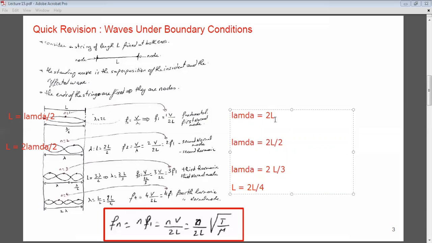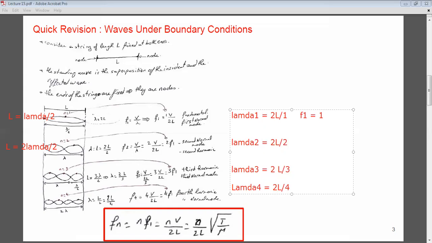So it is 2L over 1 when I see only one loop, 2L over 2 when I see two loops, 2L over 3 when I see three loops, and 2L over 4. Then if I write the frequency, this is lambda 1, this is lambda 2, this is lambda 3, this is lambda 4.